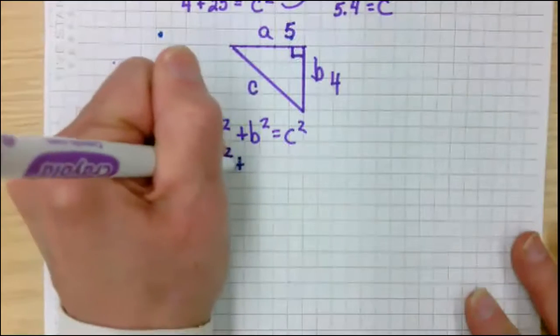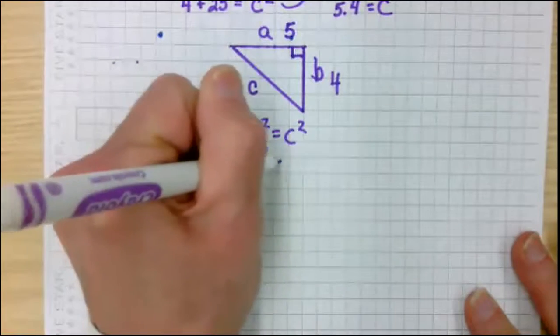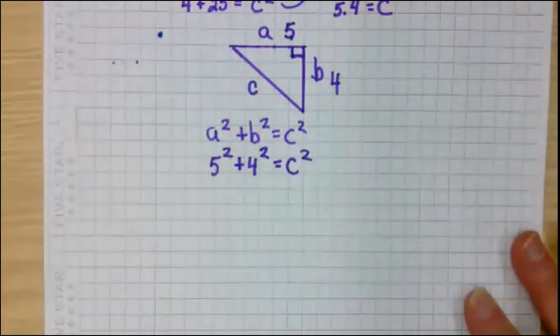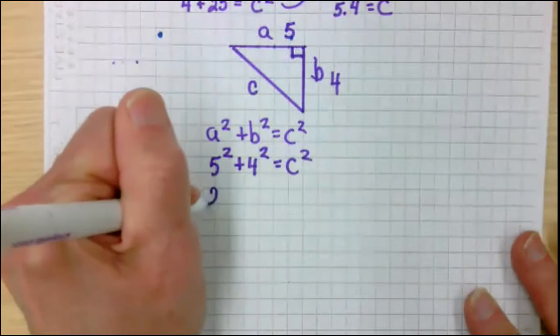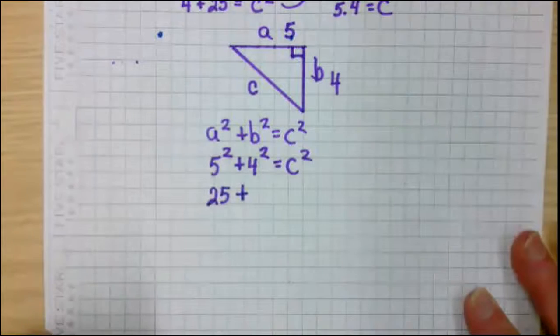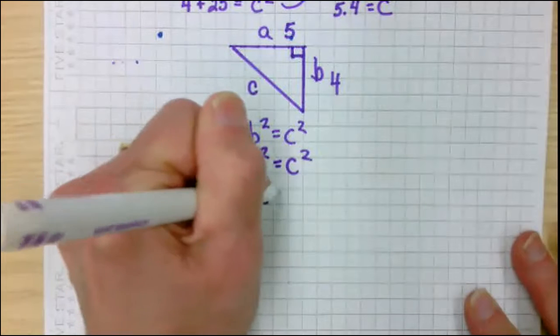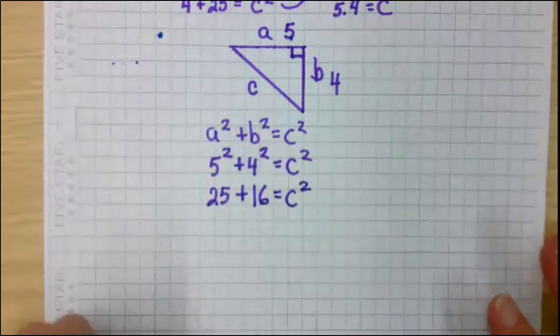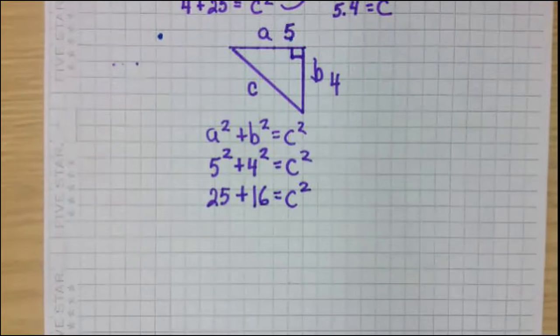My b squared is 4 squared. And that's going to equal c squared. 5 squared is 25. 4 squared is 16, and that equals c squared. And if we add 25 plus 16, what do we get?